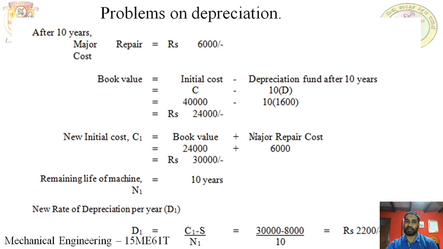So initially you have collected 16,000. 16,000 plus 22,000 is 38,000. So 38,000 fund is collected in the depreciation fund.